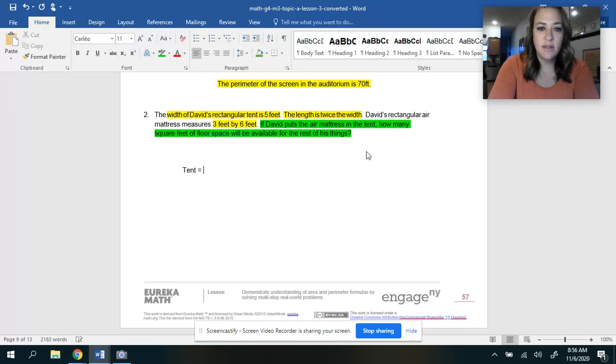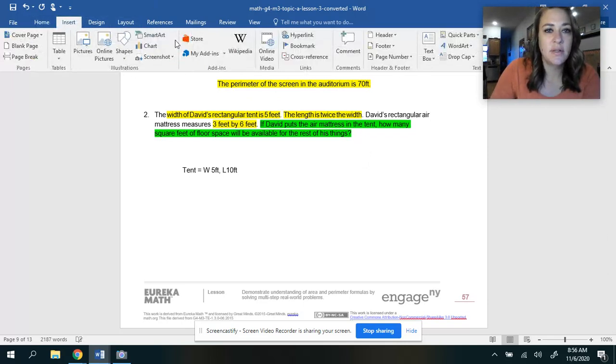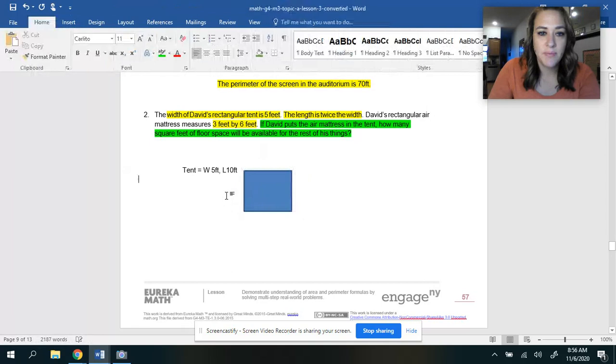So tent is equal to, the width is 5 feet and the length, it told us is twice as long, so we know that 5 times 2 is 10. Okay. So we can draw that out just like we did in our last one to represent what we're working with here. Okay. So I'm just going to change that up a little bit. So we can say this is 10 feet.